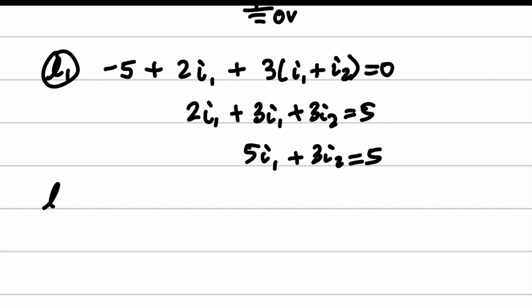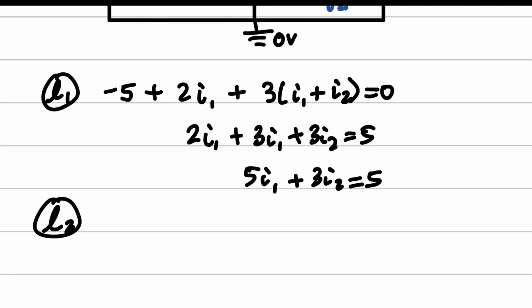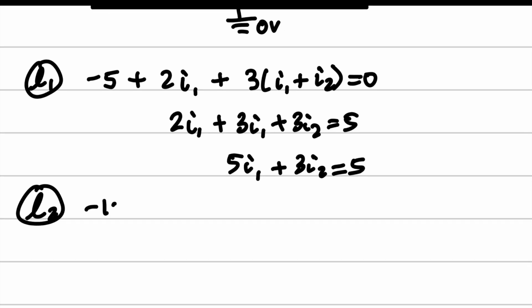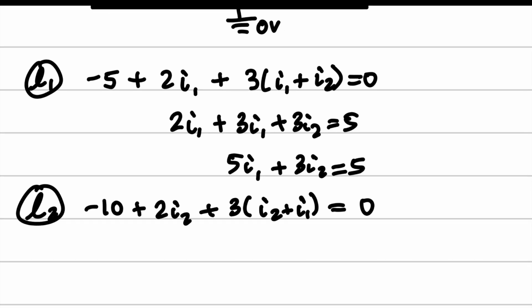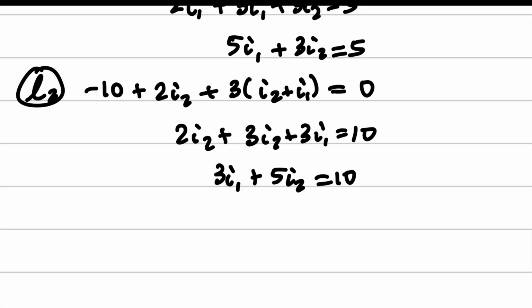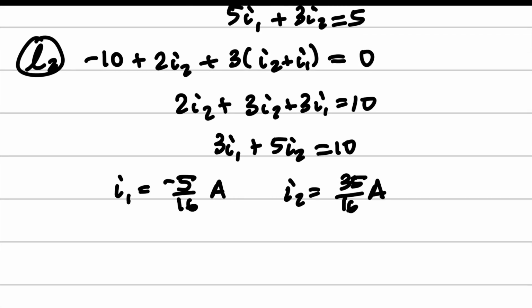Now loop 2. Loop 2 is -10 plus 2. And plugging this into the equation, we get, okay, now look, this is negative.